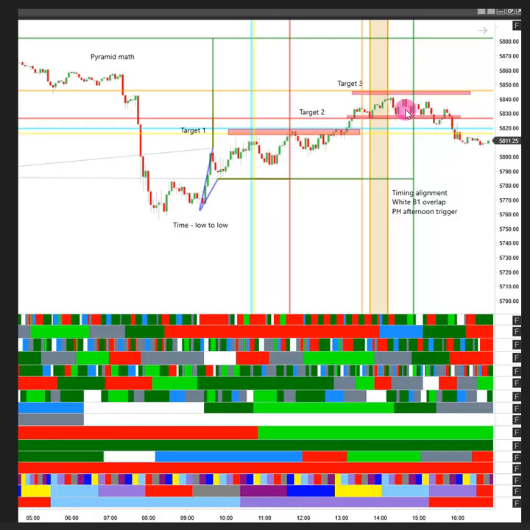There's also another tool based off of this. This is the pyramid vector tool, and I'm using the same swing that I used to start, and showing the pyramid based vectors.